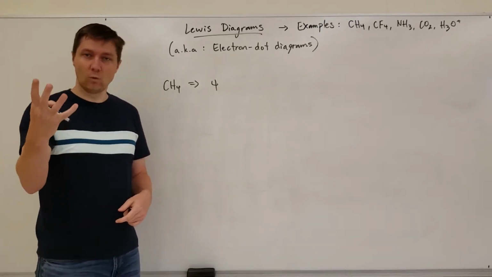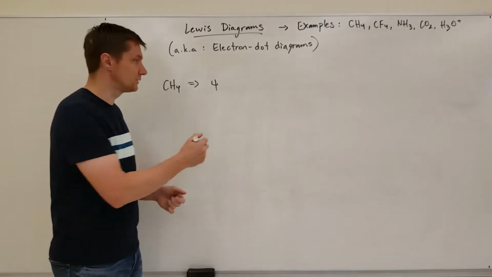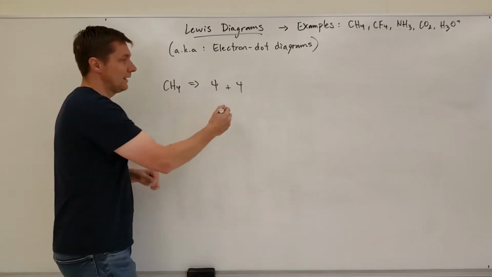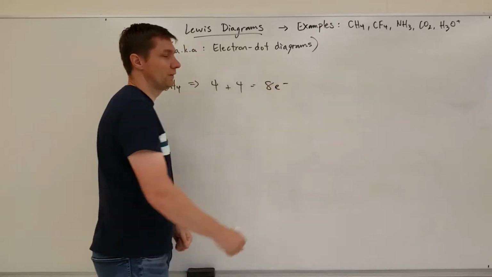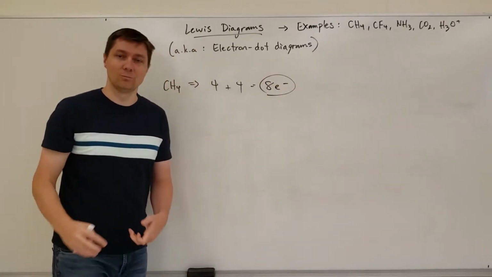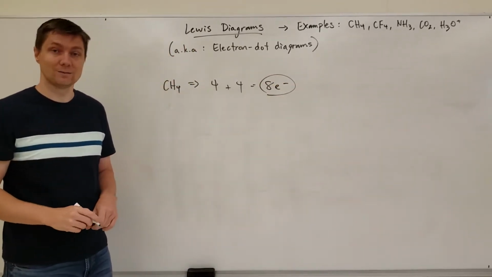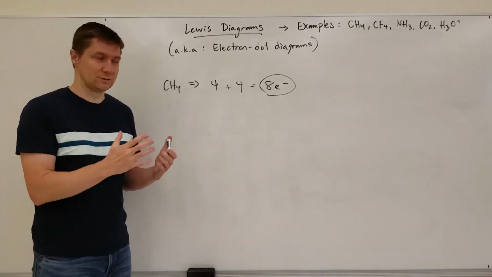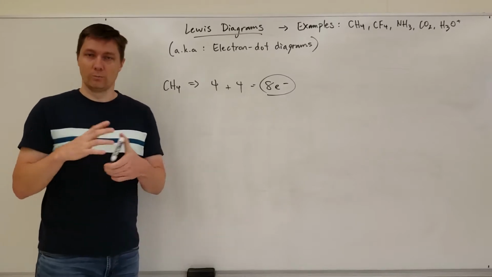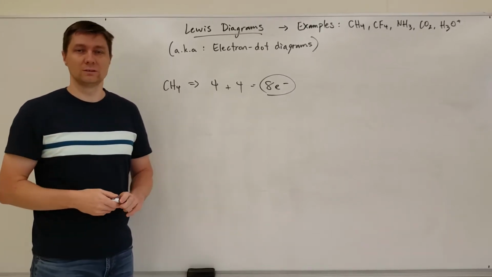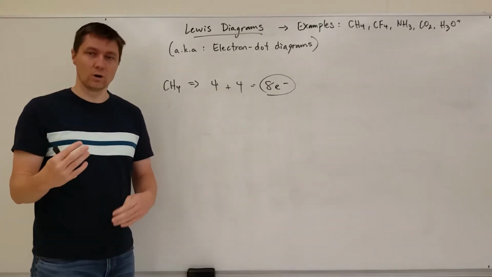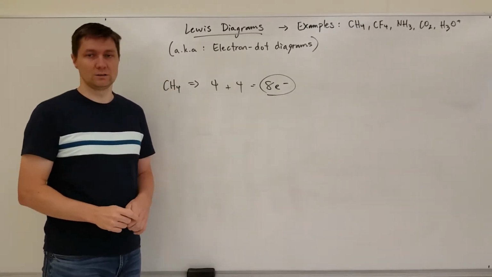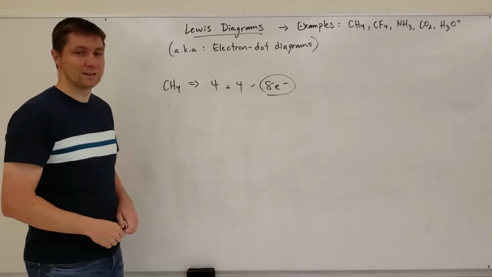But because I've got 4 hydrogens, I've got 4 more valence electrons. Add that up together, and the total number of valence electrons I have to build this diagram is 8. Remember that you're not counting how many total electrons these atoms have. For bonding, all we care about are the valence electrons. Carbon's found in group 4, so it's got 4 valence electrons. Hydrogen's found in group 1, so it's got 1 valence electron. And so we add them up like that.